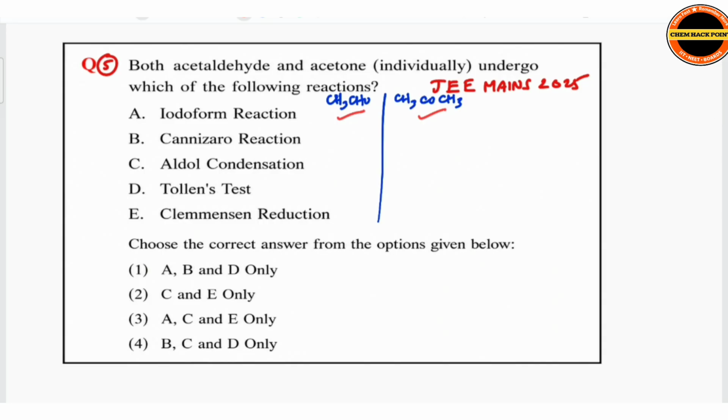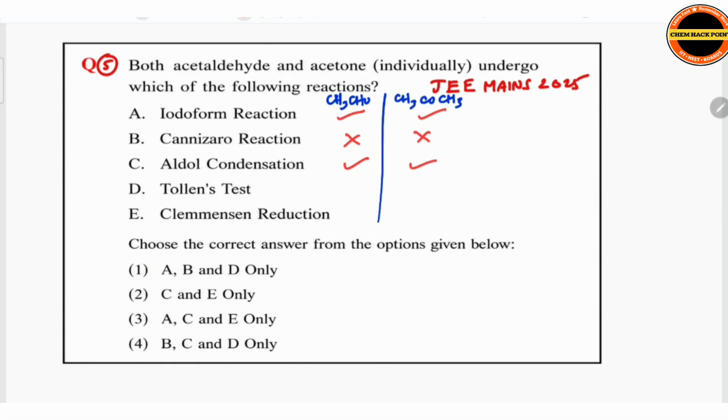Then the Cannizzaro reaction is given by aldehydes without any alpha hydrogens. Here one is a ketone, one is an aldehyde with alpha hydrogens, so it will not show. Aldol condensation is given by whichever have alpha hydrogens. Aldehydes or ketones with alpha hydrogens can undergo aldol condensation, so both can undergo.